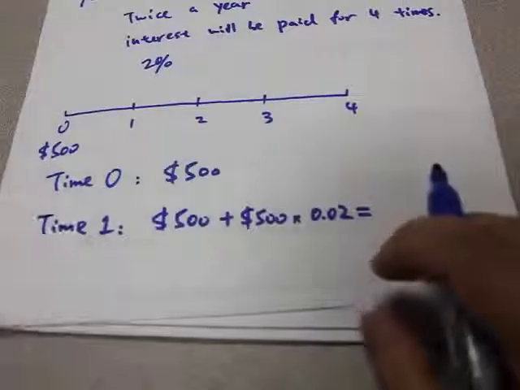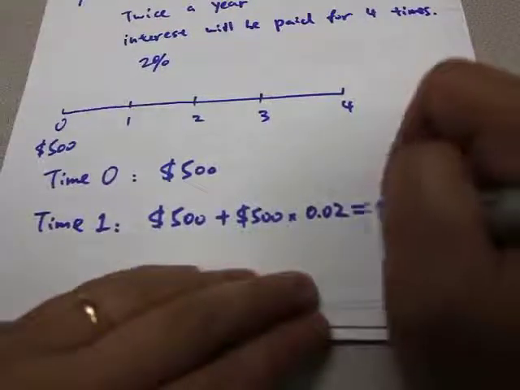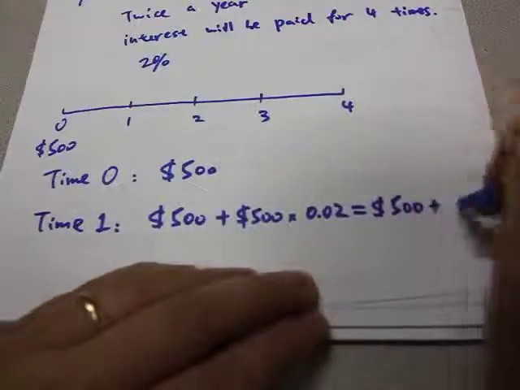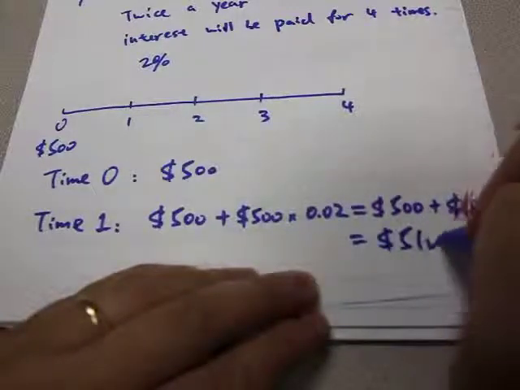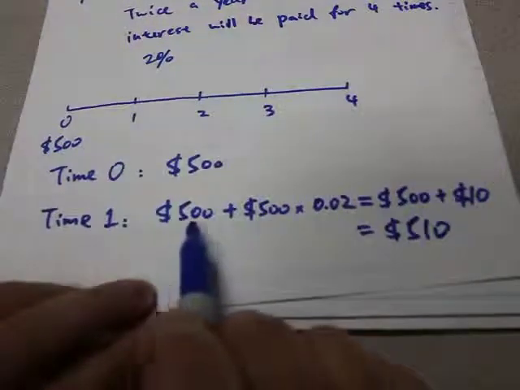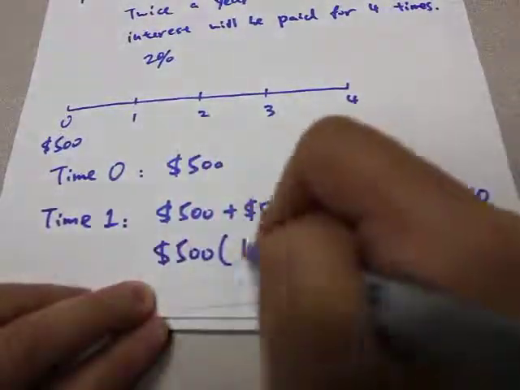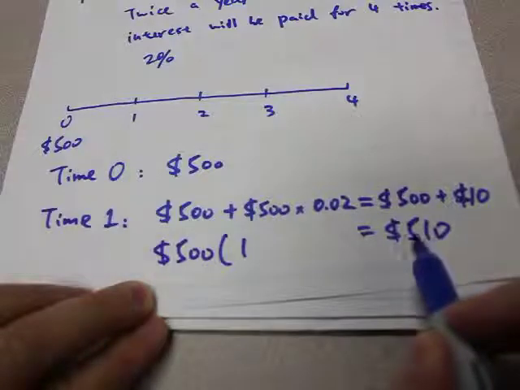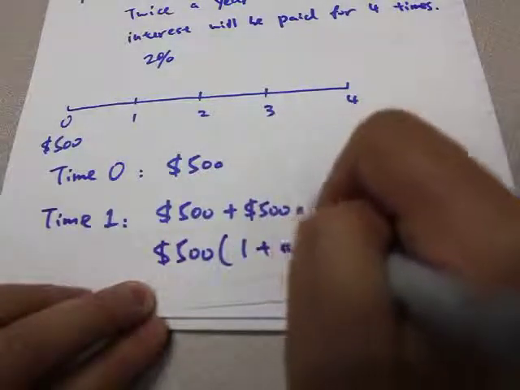So this will be 500 plus $10. So that would be $510. Okay, and because we have 500 and 500, if we factor this out, 510 we can write as 500 times 1 plus 0.02.